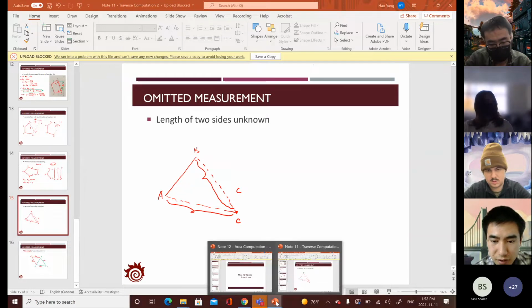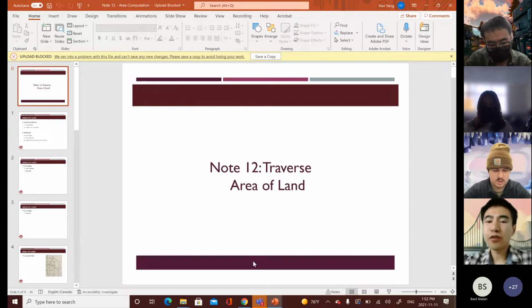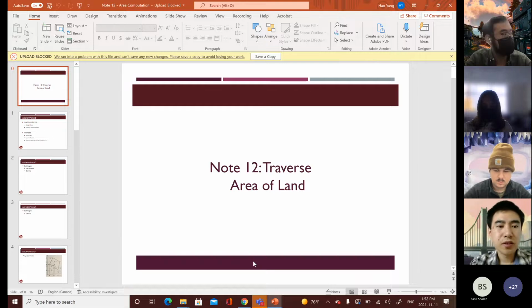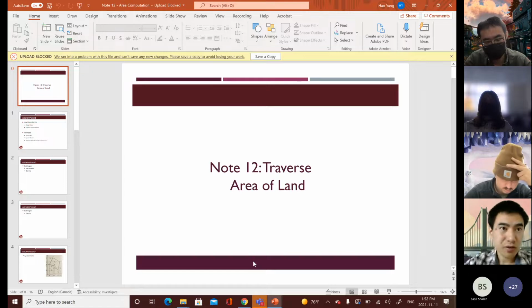which is about the calculation of the areas for the land. It's actually the follow-up topic about the traverse computation. So in surveying, one purpose is to identify the boundaries of the land.